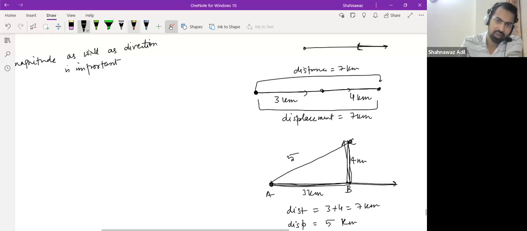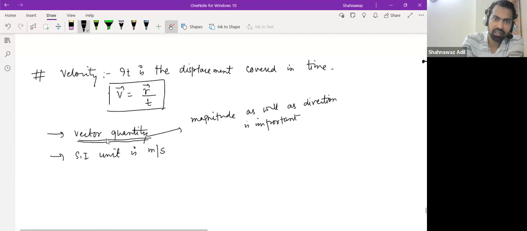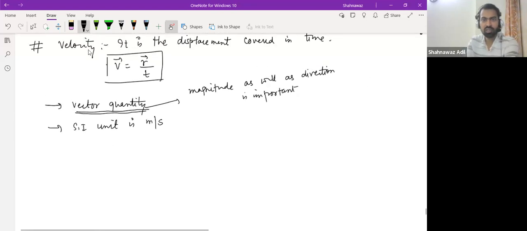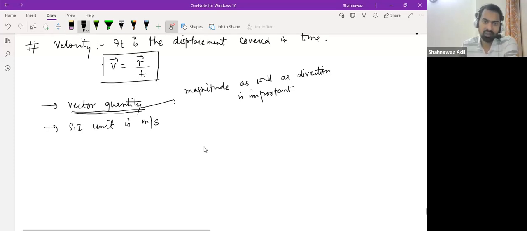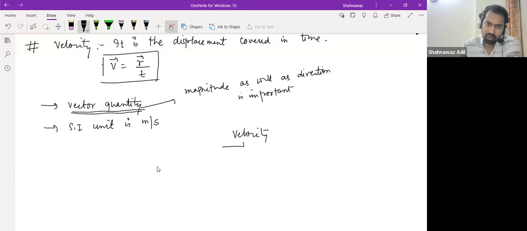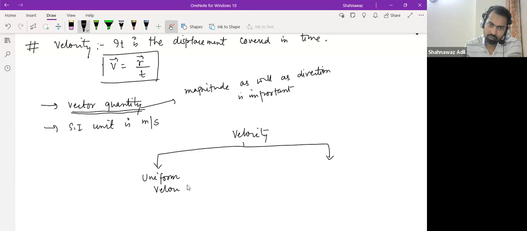Okay, so this was one thing that I wanted to tell. And this velocity we have in motion in 1D, right? So this will have the same chart again. So we have velocity, then it will also have two kinds of motion. Uniform velocity, when a body covers equal displacement in equal interval of time.